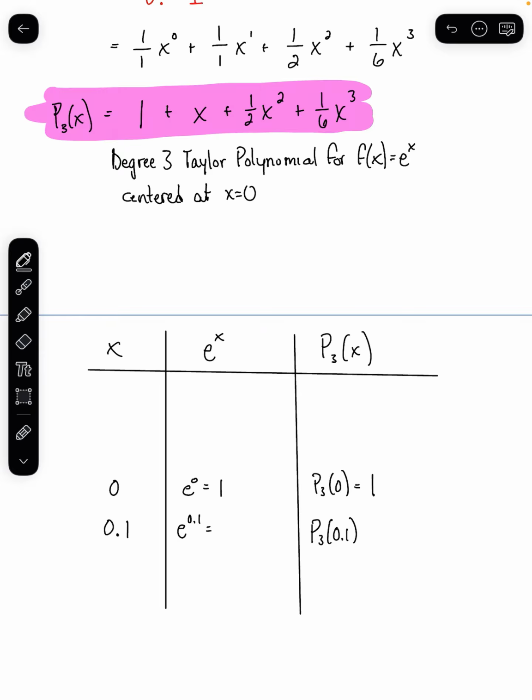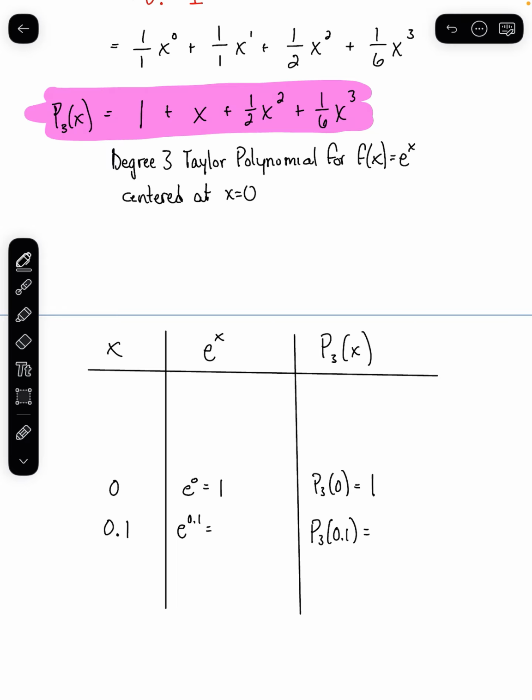It might take a little bit of time to do it by hand. We might not like doing it by hand. But imagine yourself a couple hundred years ago before calculators were around. Believe it or not, this is how they figured out what many of these things did. A Taylor polynomial allowed us to come up with a very reasonable approximation for the value of e to the 0.1 by using a polynomial, which you could do by hand if needed.